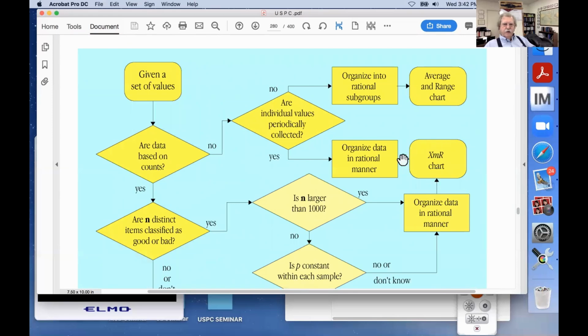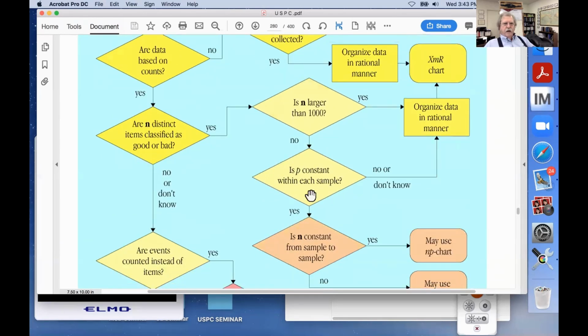Here's an XMR chart. And there are 5 diamonds you have to go through before you get to an NP, P, C, or U chart. If N is larger than 1,000, just forget about it. Go use an XMR chart. Is P constant within each sample? No. Organize data in a rational manner, put it on an XMR chart.